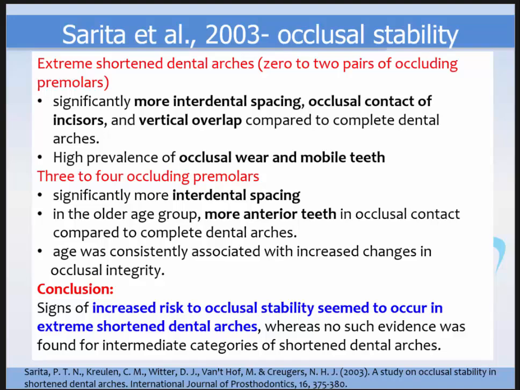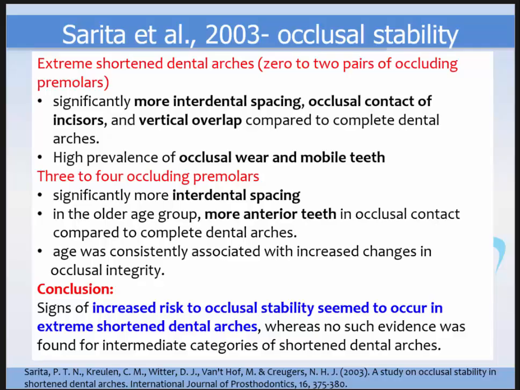So there is some research that provides evidence on patients with shortened dental arch. Let's look at it. Sarita et al. 2003 looked into occlusal stability among SDA participants or patients.